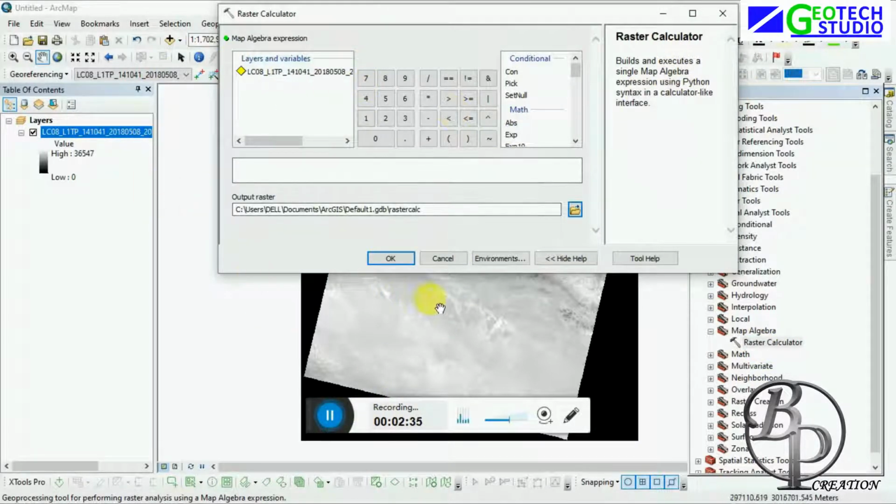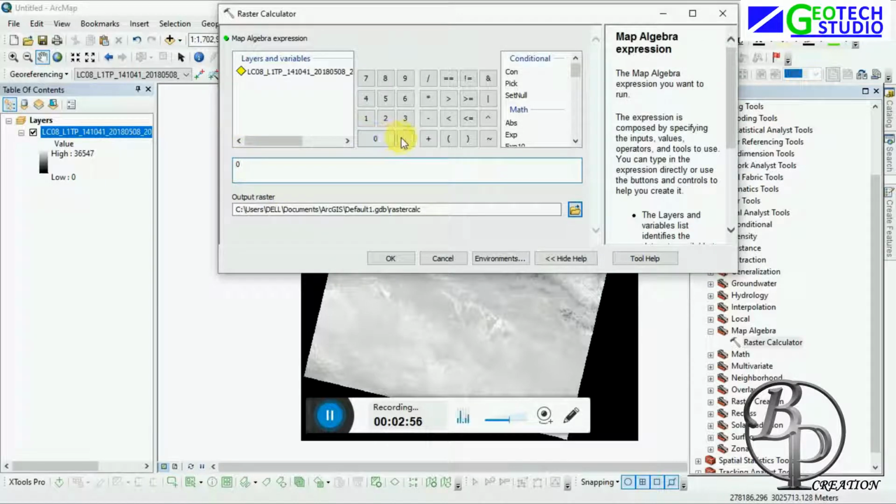Here we are going to use the two constant values that we got from the metadata. We add the formula, that is ML into ML, which means 0.0003342.